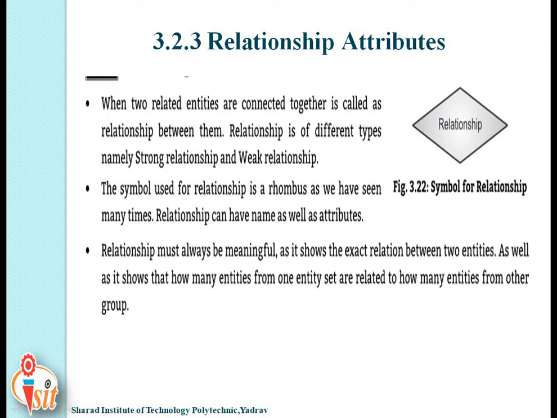Relationships are of different types, like strong relationship and weak relationship, as with strong entity set and weak entity set. The symbol of a relationship is a diamond. A relationship can have a name as well as attributes.